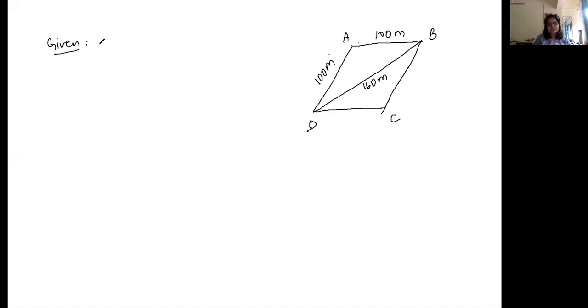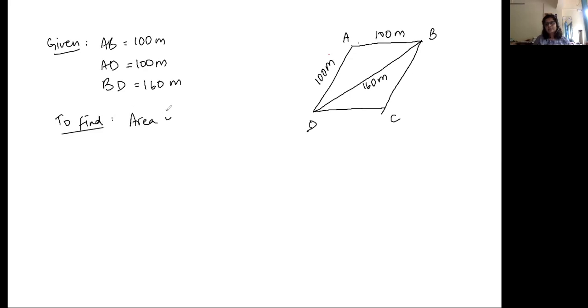So you're given that AB side is equal to 100 meter, AD is also equal to 100 meter, and diagonal BD is equal to 160 meter. And what do you need to find? Area of triangle ABD or triangle BCD. Since both areas are equal, any one of them is fine. Netri, yes, the answer you sent is correct.